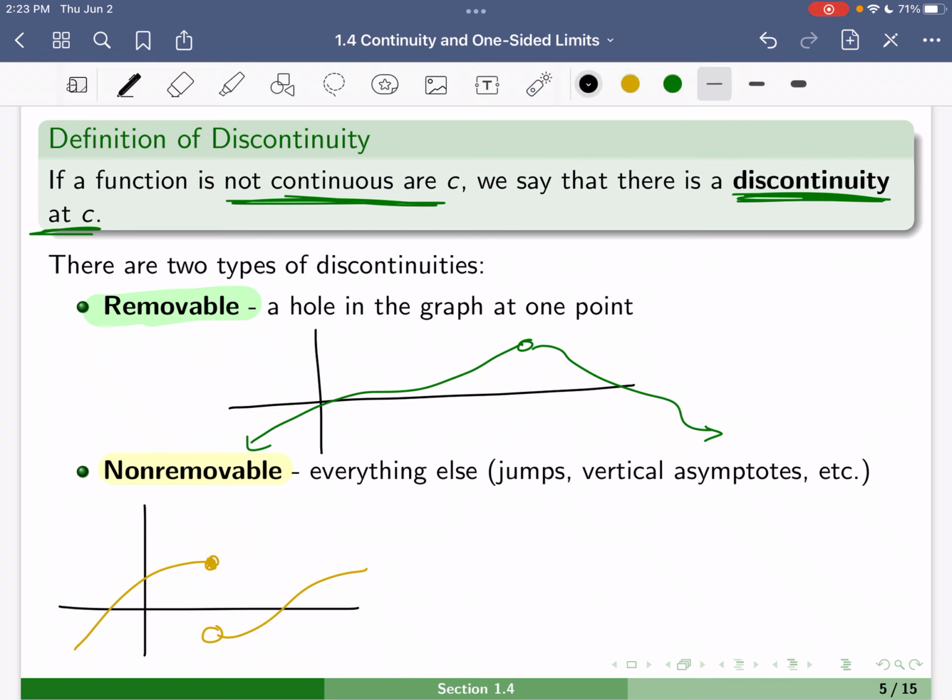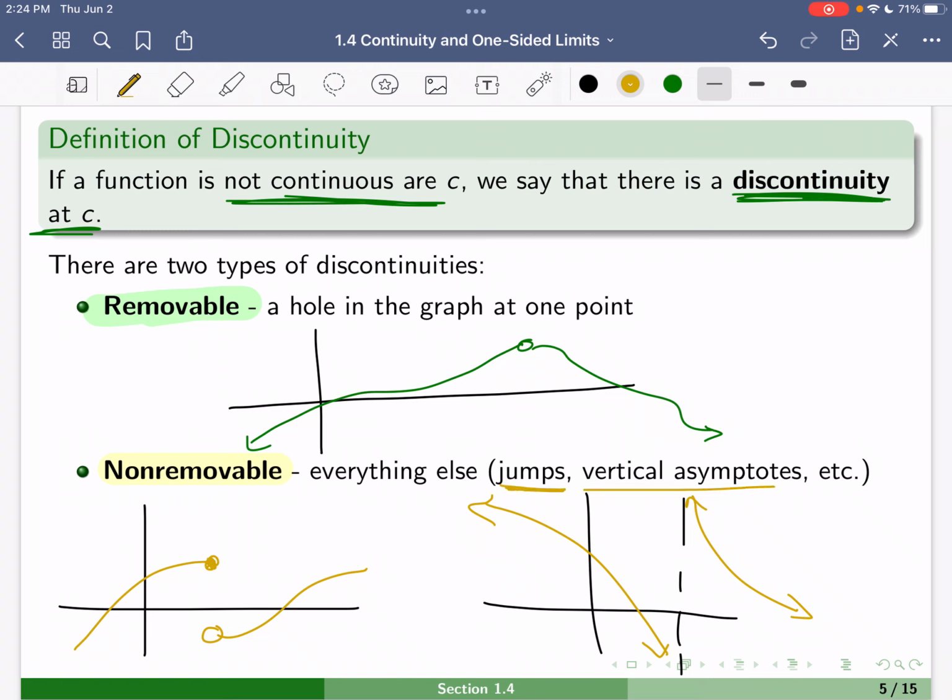Or if you had something like this, where you have a vertical asymptote, again, there's no way to remove that discontinuity. So whenever you have a jump or a vertical asymptote, that discontinuity is not going to be removable.